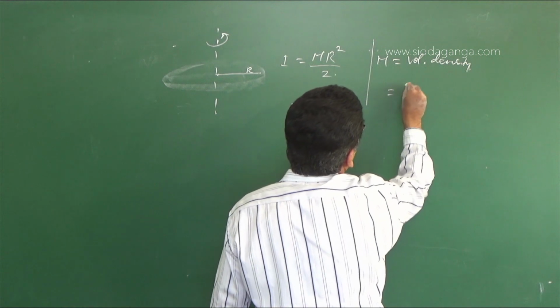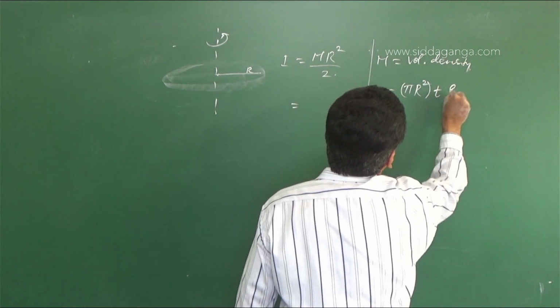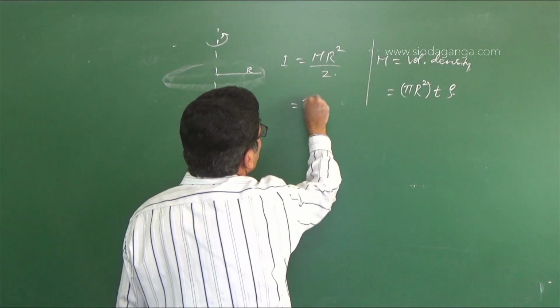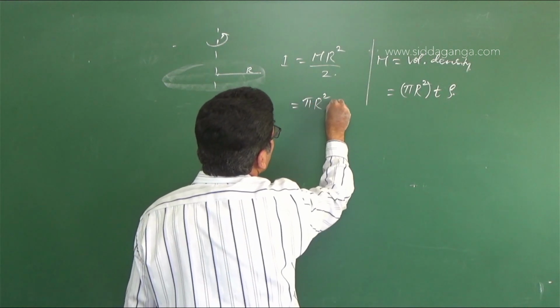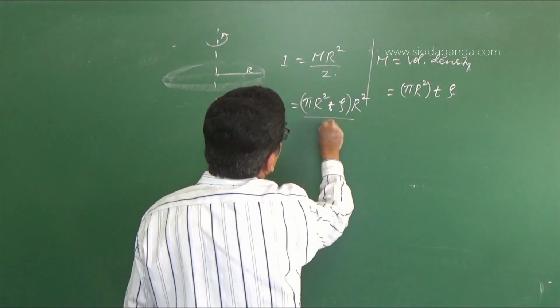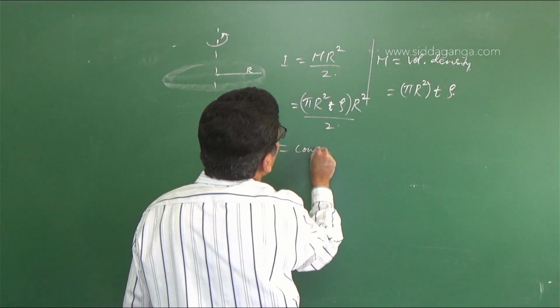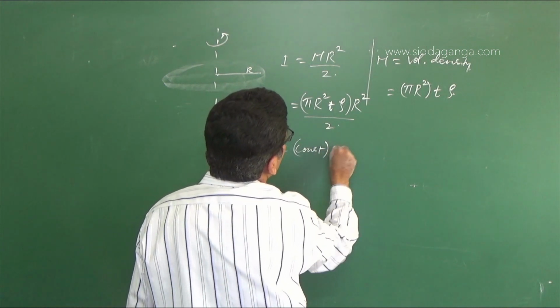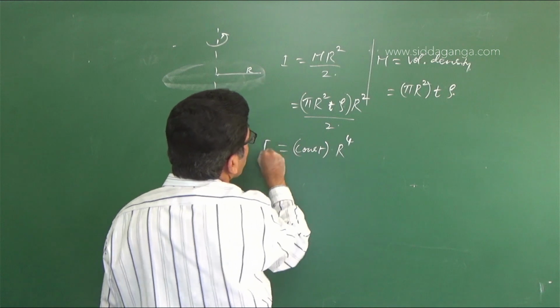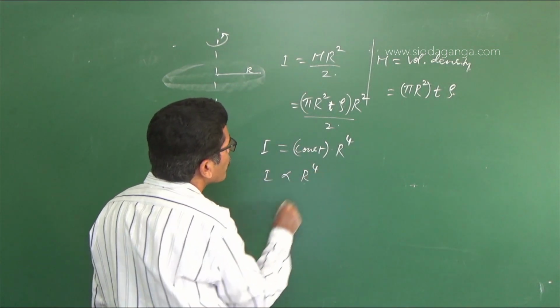Volume is area into thickness, and density is rho. Therefore, I equals pi r square t into rho into r square by 2, or all this constant multiplied by r to the power of 4. Therefore, I is directly proportional to R to the power 4.